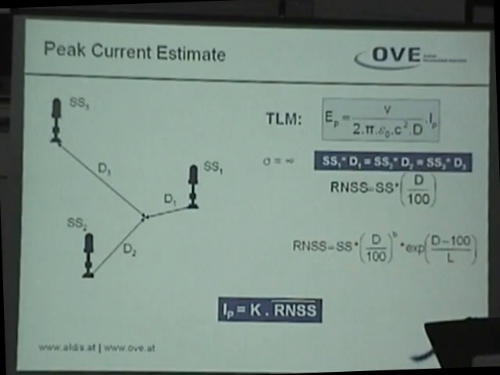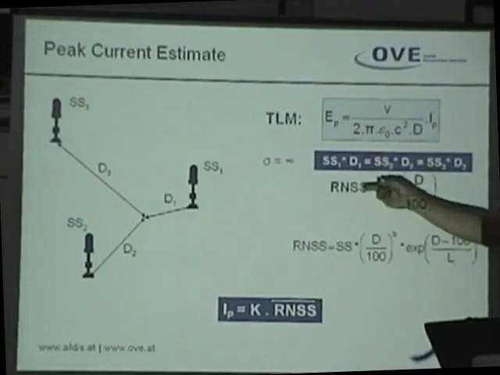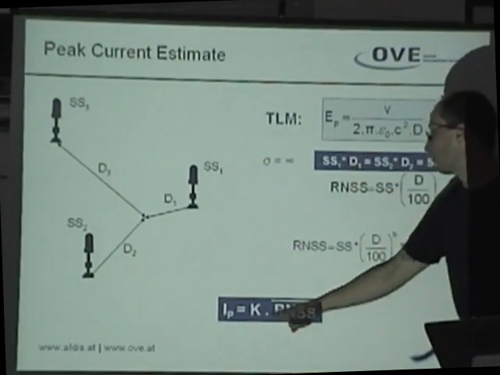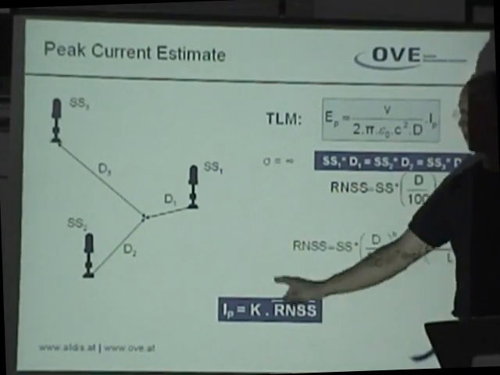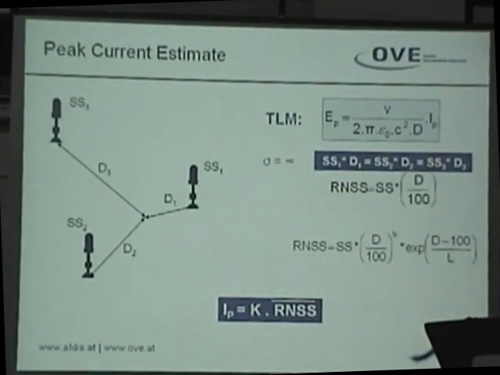If you have, in this case, 3 different sensors reporting, you have 3 different range normalized signal strengths, then you average them, and with a calibration factor you calculate a peak current. And it's working quite well.